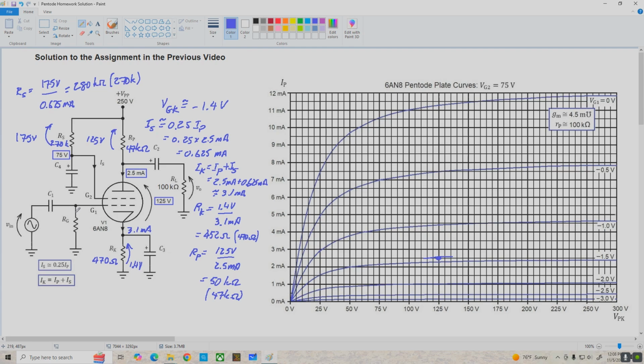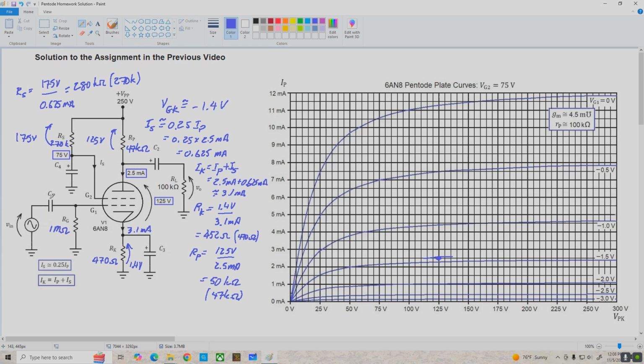We need to pick a grid resistor, and again I'll just go with 1 meg ohm. And the next thing we want to do is determine our coupling and bypass caps, and like before, I'm going to save the details of calculating those values for another video.